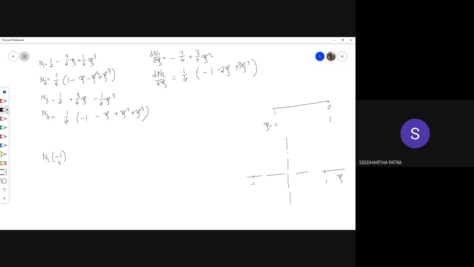Now evaluate N1 at -1. What is the value? One. What is the value of N1 at 1?